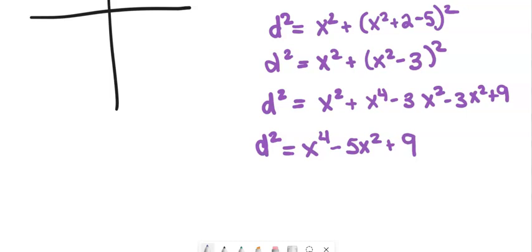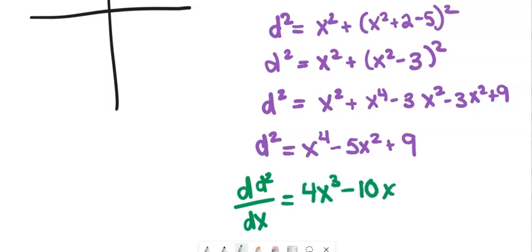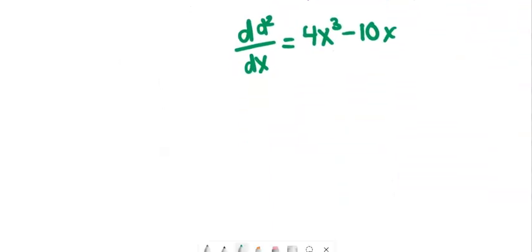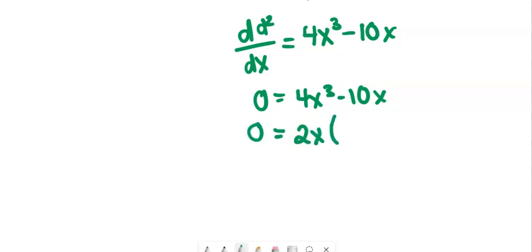Now I have an expression that's ready to be differentiated. So the derivative of d squared with respect to x will be 4x cubed minus 10x. And I can set this equal to 0 to look for some of my answers.